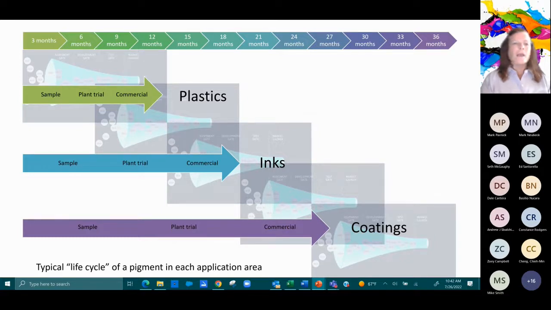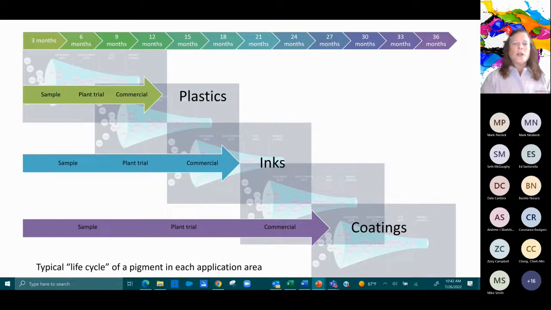With plastics being the shortest one, we want to make sure that we have several development programs which are anywhere from 12 to 18 months in length. They are spaced out accordingly so that we continue to have products introduced to the marketplace along the way.